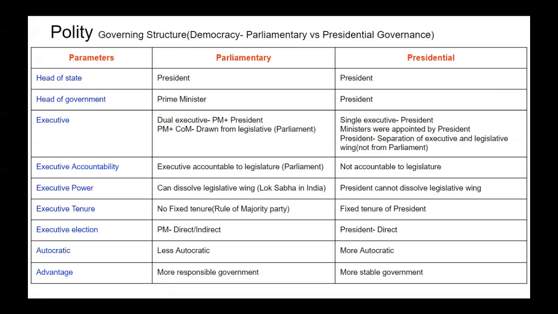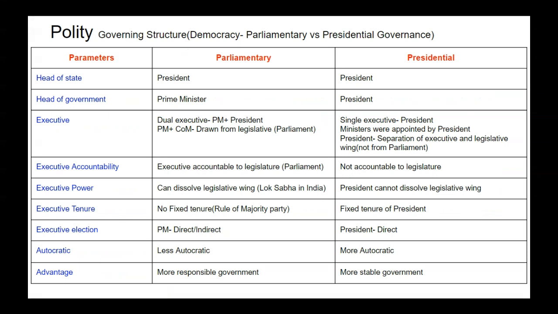So, what is the difference between parliamentary system and presidential system? In both systems, parliamentary and presidential, the head of state is the president. But in parliamentary system, the head of government is the prime minister, while in presidential system, the head of government is the president. In parliamentary system, the executive is drawn from the legislature or parliament.